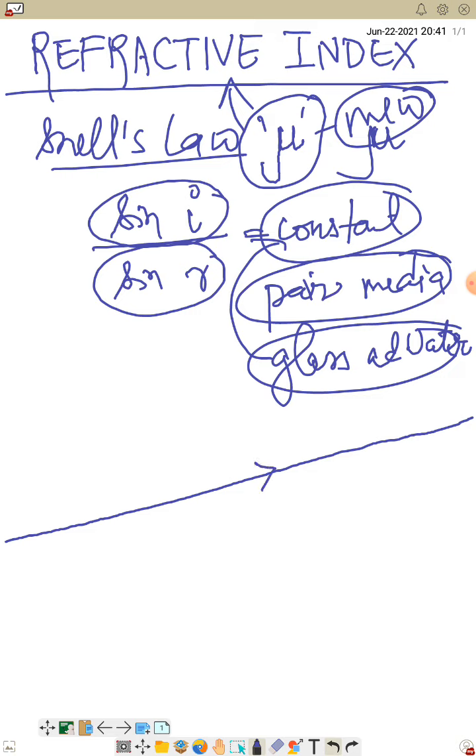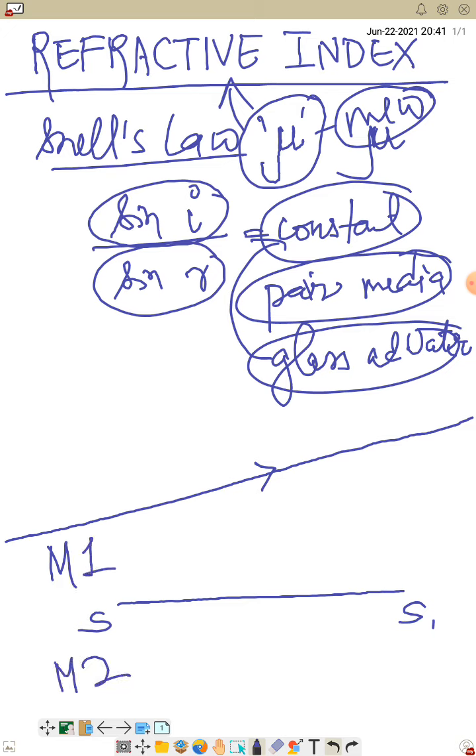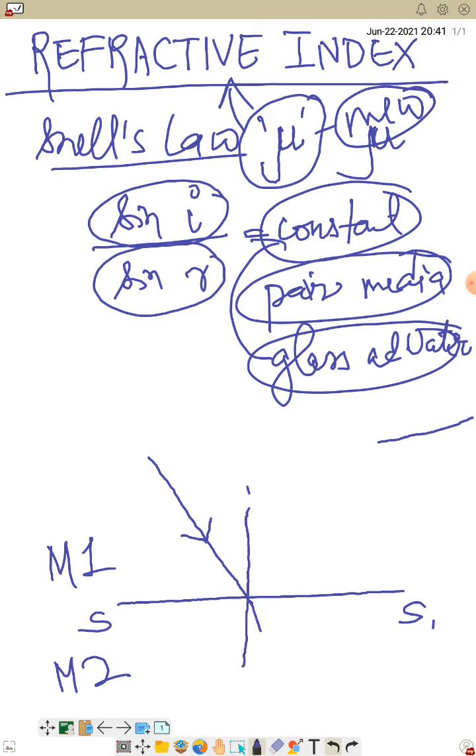But in case the surface S1 is the surface which is separating the two media, medium 1, and here I have medium 2, and if the ray of light is incident on this surface S1 from medium 1, and it goes to the medium 2, all right, this is the direction of incident ray, isn't it?